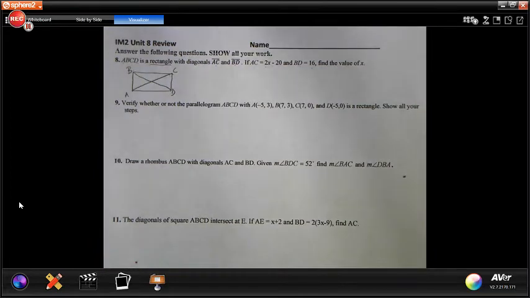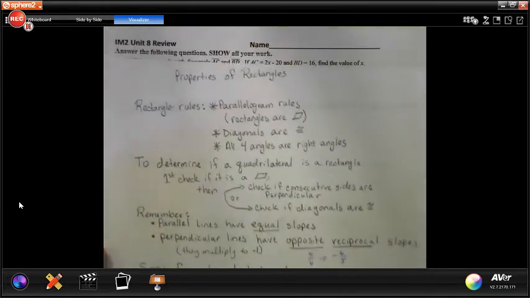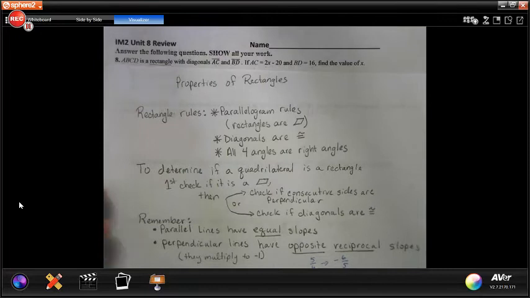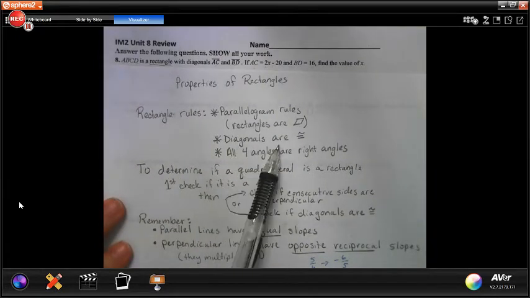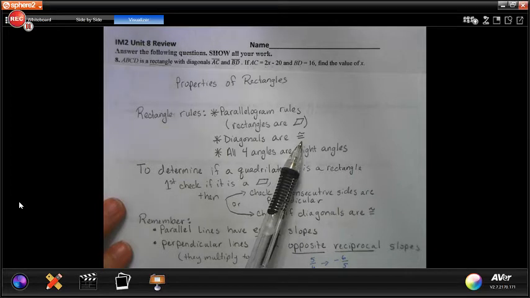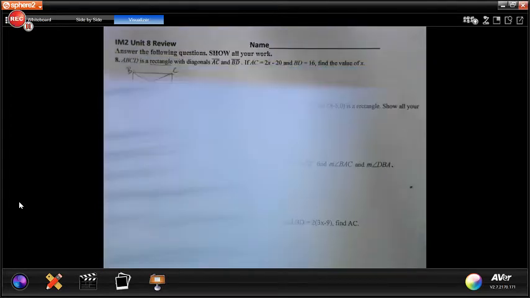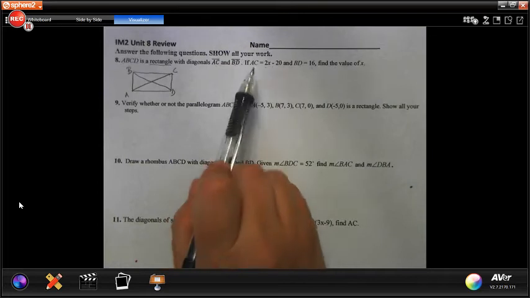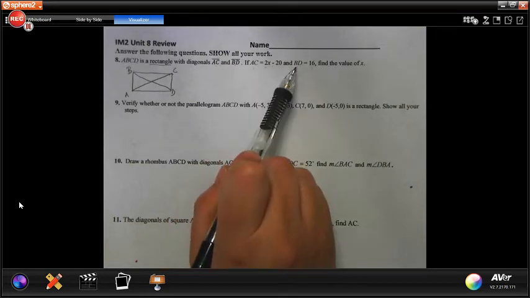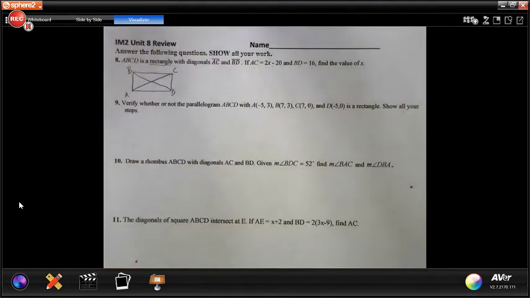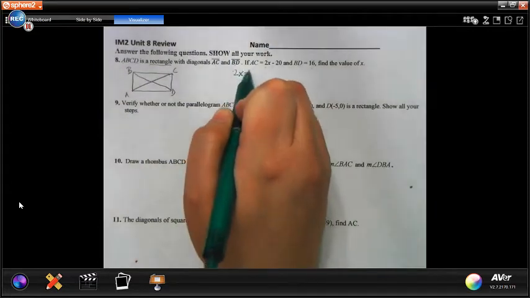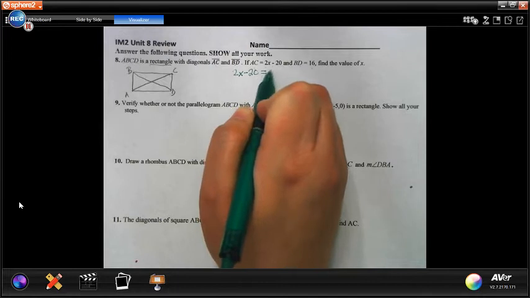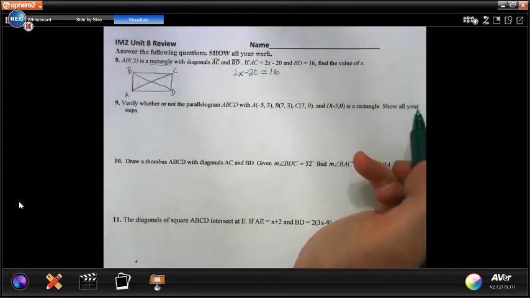So this is from my rectangle lesson. The rectangle rules: diagonals are equal. Since AC is a diagonal and BD is a diagonal, the diagonals are equal. So I would write 2x minus 20 equals 16.